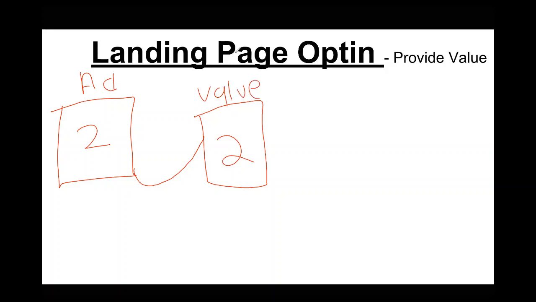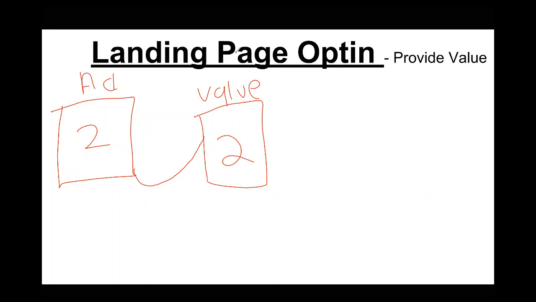However, in this landing page, when you provide them with that value, so in this case, we provided them with a list of current listings, and then we had dates of upcoming open houses. And after they downloaded that, the only way for them to download it actually was for them to give us their information. So they had to give us their name, their number, their email, and their time frame to buy.